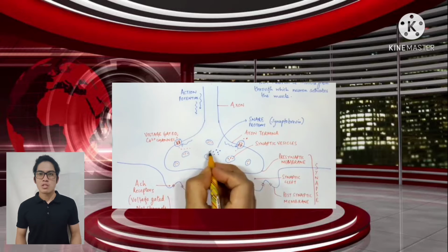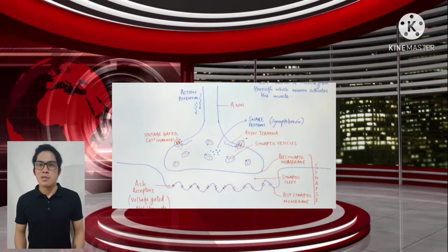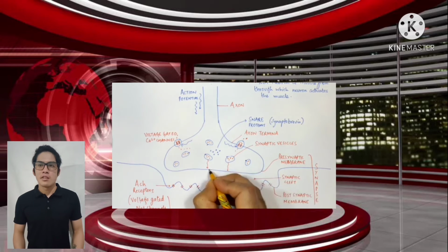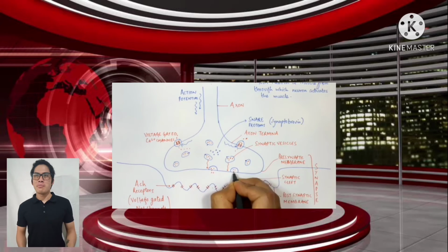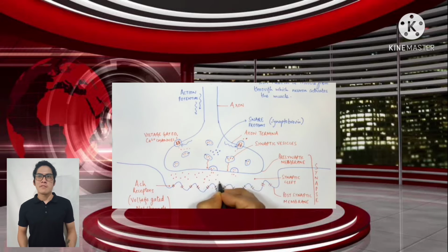When activated, these proteins attach to the membrane of the synaptic vesicle and cause exocytosis of these vesicles. They fuse with the presynaptic membrane and cause the release of acetylcholine into the synaptic cleft.